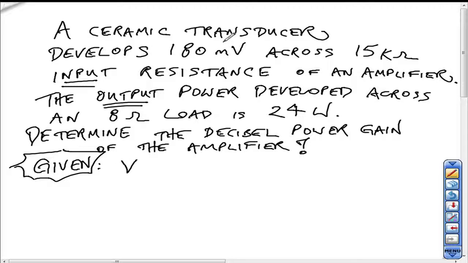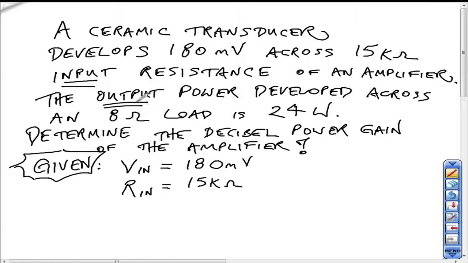So this must be input voltage. Remember, this is like a Sherlock Holmes mystery. If you like mysteries, you're going to love Chapter 21 because this is what it's about. You're reading your problems and saying, let me extract, what is that? That's my input. And then take a look, 15 kilo ohms, what is that in a formula? I think that's resistance. And specifically what kind? Yeah, input. They're pretty obvious there. Not too mysterious. 15 kilo ohms.